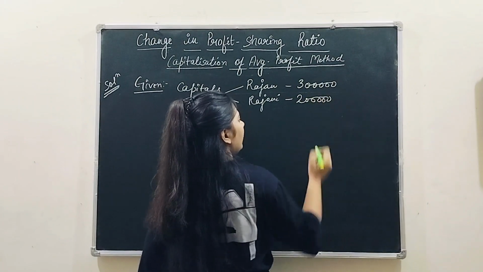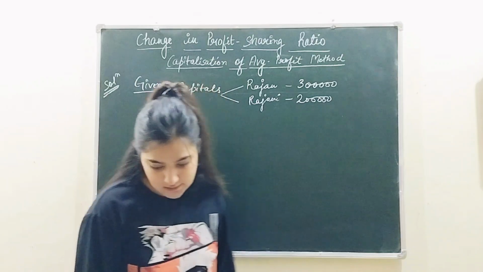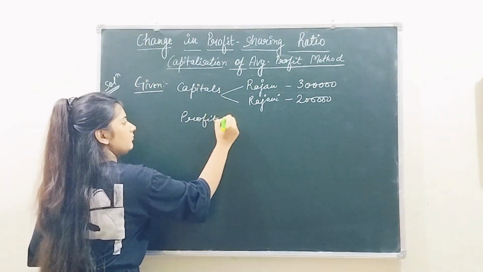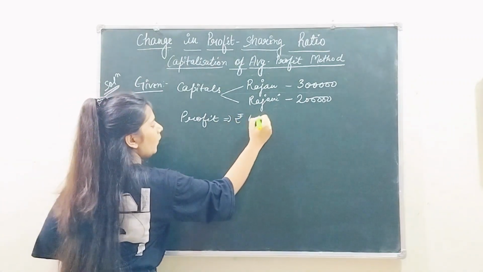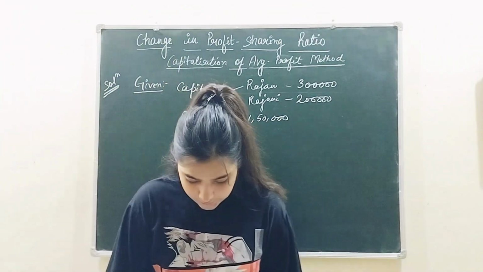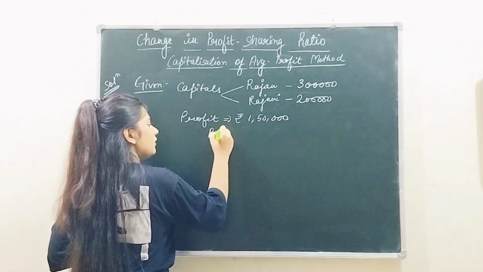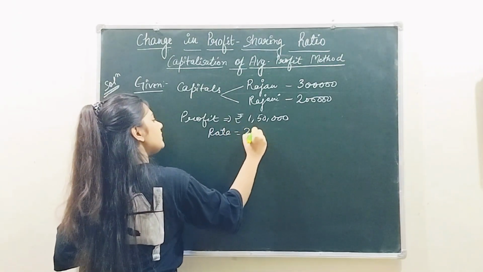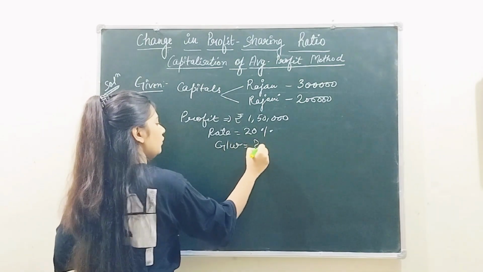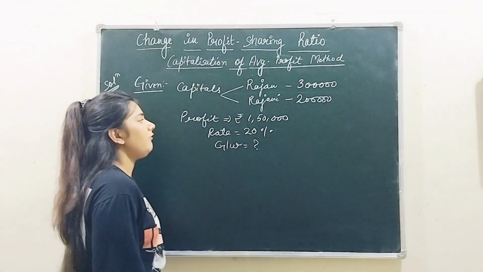Now further what they have given you in the question is the profit earned, rupees 1,50,000. Right? And further they have given you the rate, which is a normal rate of return, 20%. And they have actually asked you to calculate your goodwill using your capitalization of average profit.